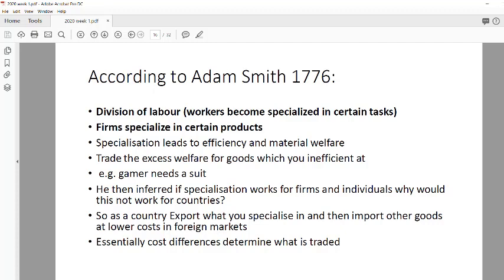In that sense, he was saying whichever good we're producing the most of with the amount of labor we have, in the most efficient way, we would then export whatever excess we have. We're trying to relate this in terms of cost differences.